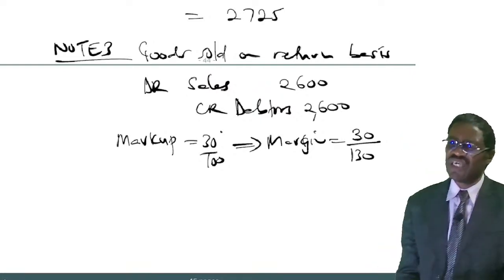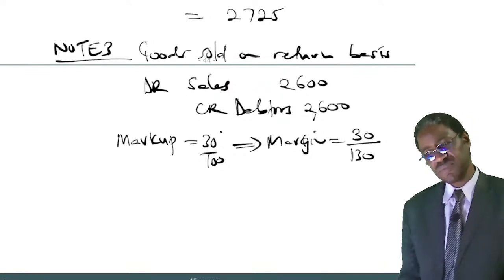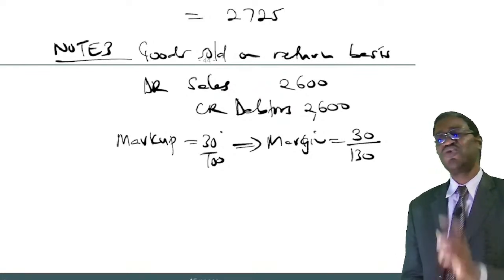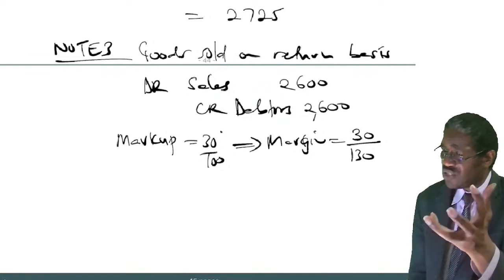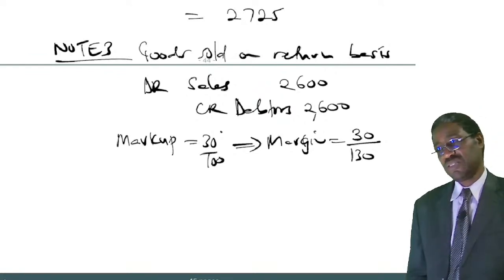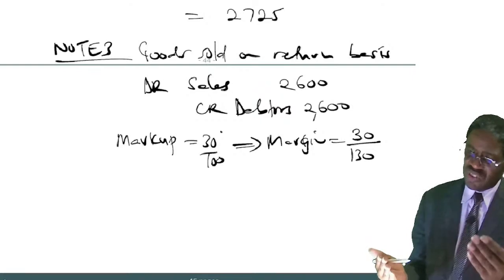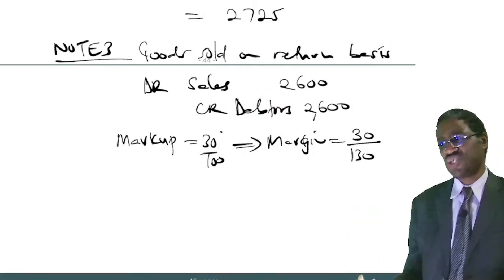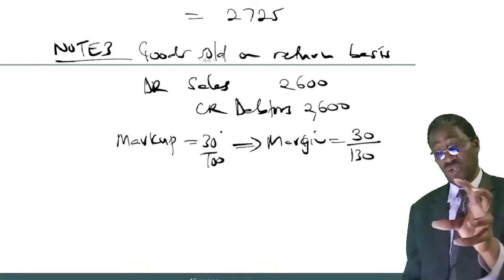Assuming the examiner had given you the margin of 30 divided by 130, and you did not need the margin. Why? Because maybe in that question, the examiner gave you the cost of sales. So if he gives you margin and cost of sales, then you don't need the margin, because you don't know the selling price, you know the cost.